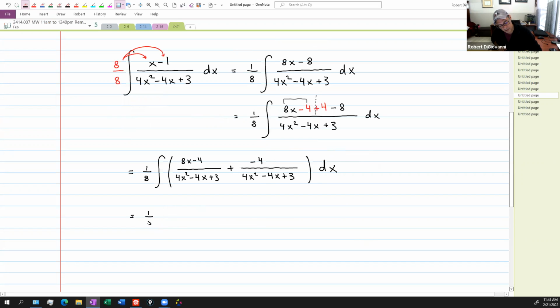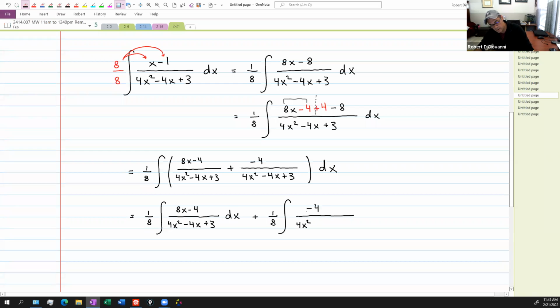Continuing, 1/8 integral 8x minus 4 over 4x squared minus 4x plus 3 dx. I'm splitting it now into 2 integrals, plus 1/8 integral -4 over 4x squared minus 4x plus 3 dx.